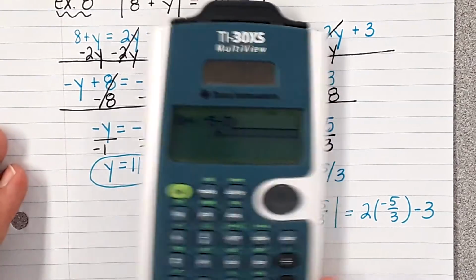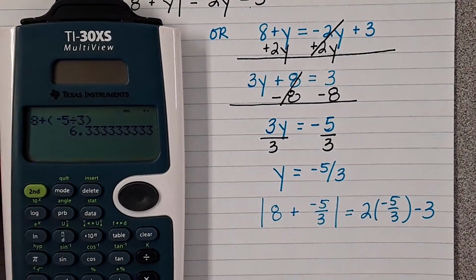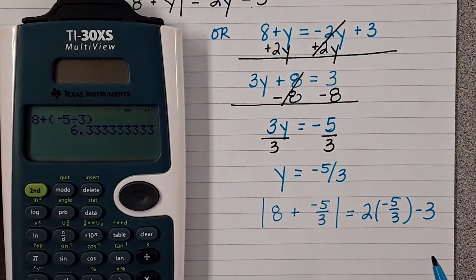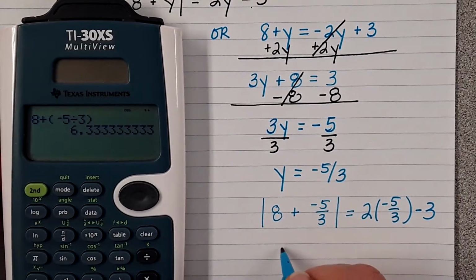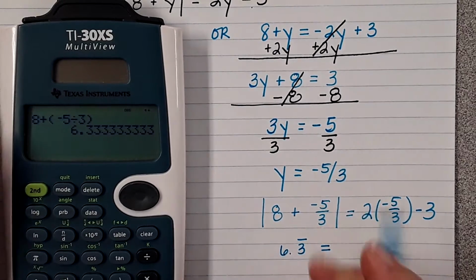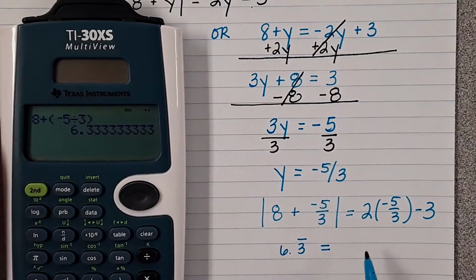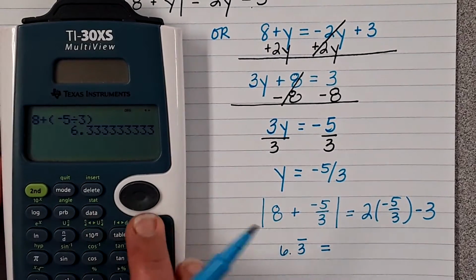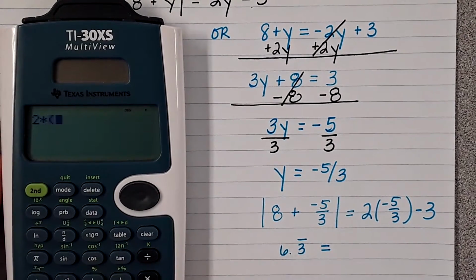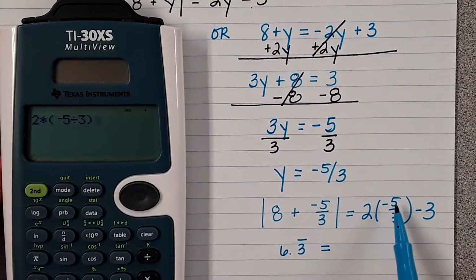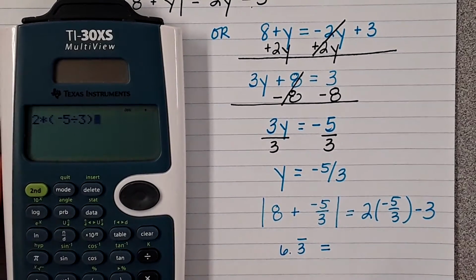So what is the absolute value of 6.3333? We're just going to write it like this. I'm just checking. You would never write your answer like this for me. Now I'm going to do 2 times negative 5 divided by 3, minus 3. This fraction means division, so negative 5 divided by 3.